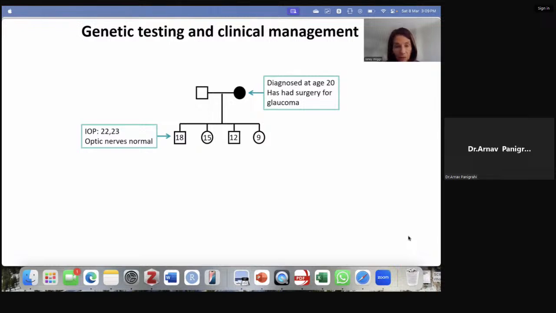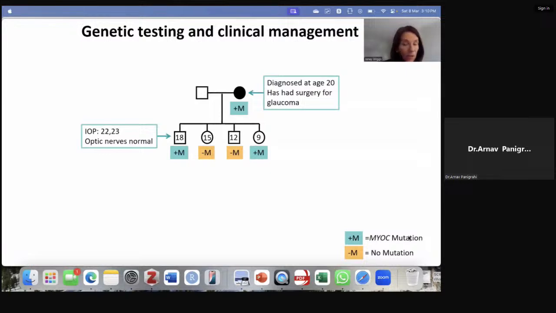She had 4 children, and her children were getting older and getting to the age where she herself had developed glaucoma, and she was worried that she may have passed the disease on to them. So she came to us and wanted to have genetic testing. We did genetic testing, and we found, in fact, that she did have a mutation in a gene known to cause juvenile onset primary open angle glaucoma, a myocilin mutation.